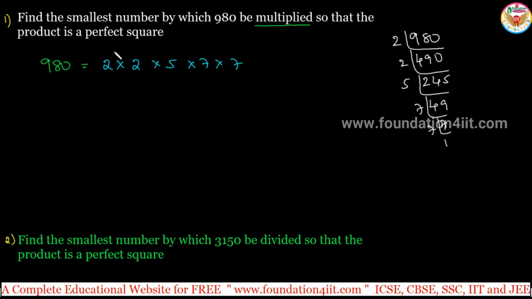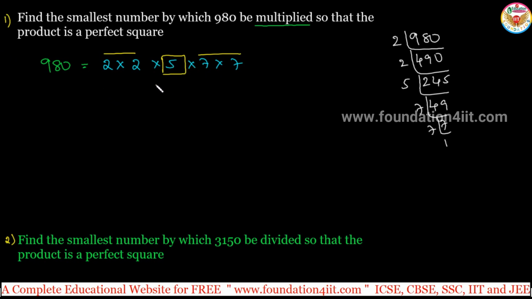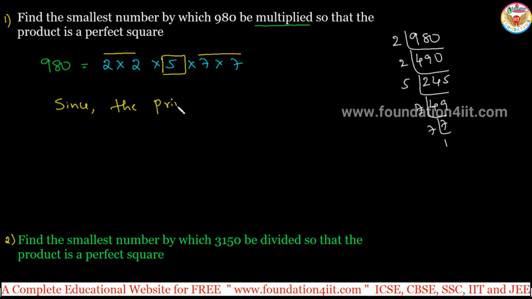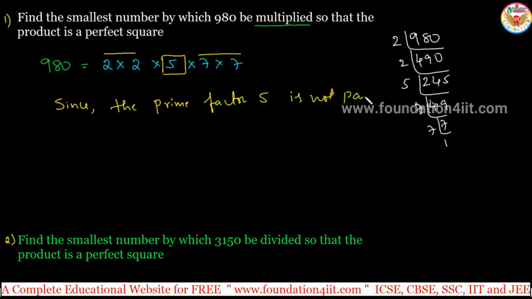If you notice here, the prime factor 5 does not pair. 2 is a pair, 7 is also a pair, but 5 is not a pair. So the given number should be multiplied by 5. If you multiply with one more 5, then 980 becomes a perfect square. Since the prime factor 5 is not paired, the given number should be multiplied by 5.